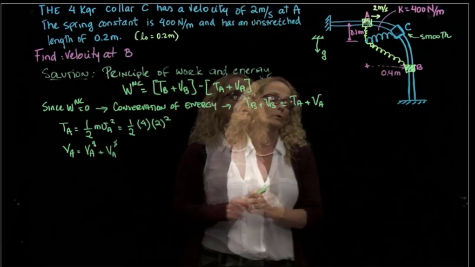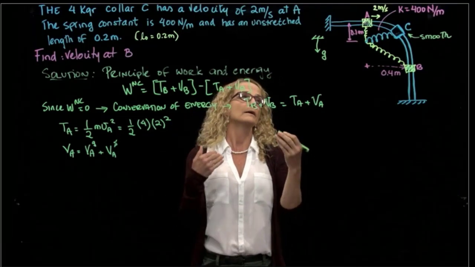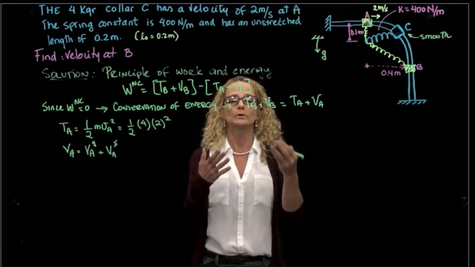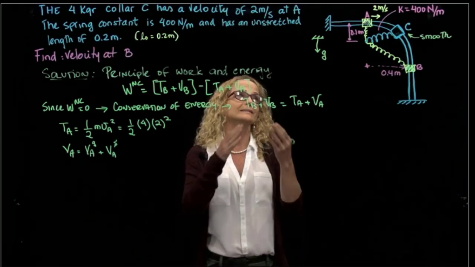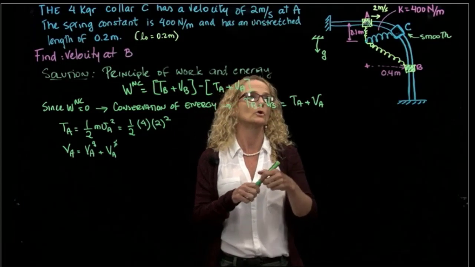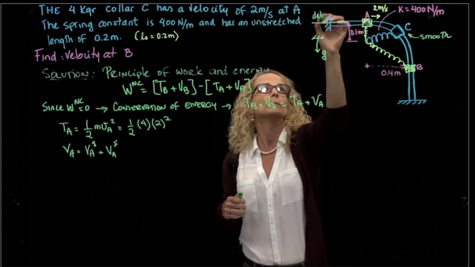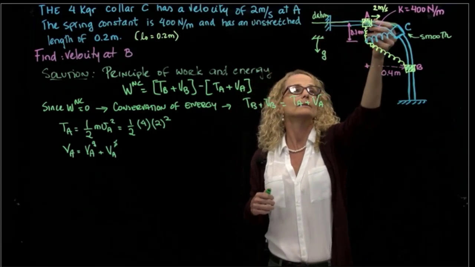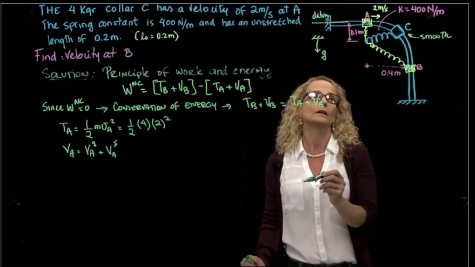To calculate the potential energy due to gravity, we have to put a reference in our system, because the potential energy done by the weight is the difference between the initial position and the final position. So I'm going to put here a datum. So I start here, and between A and B I have a loss of potential energy.